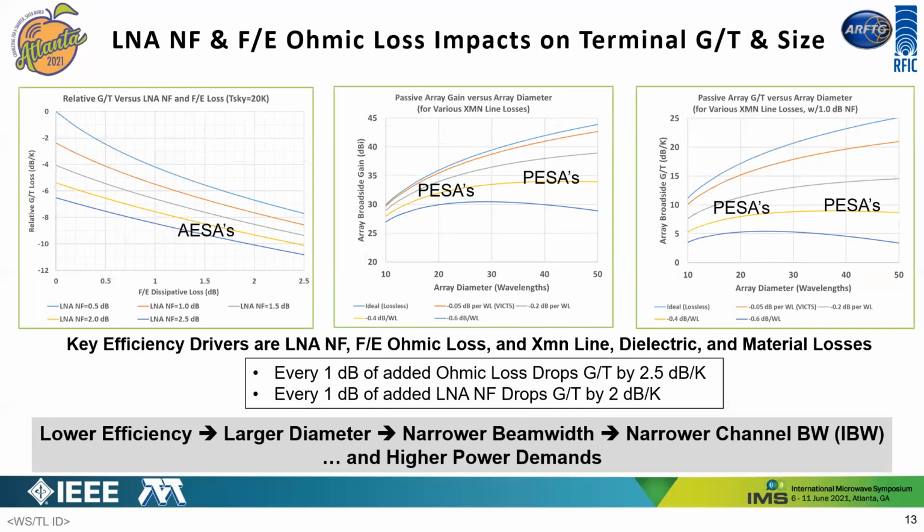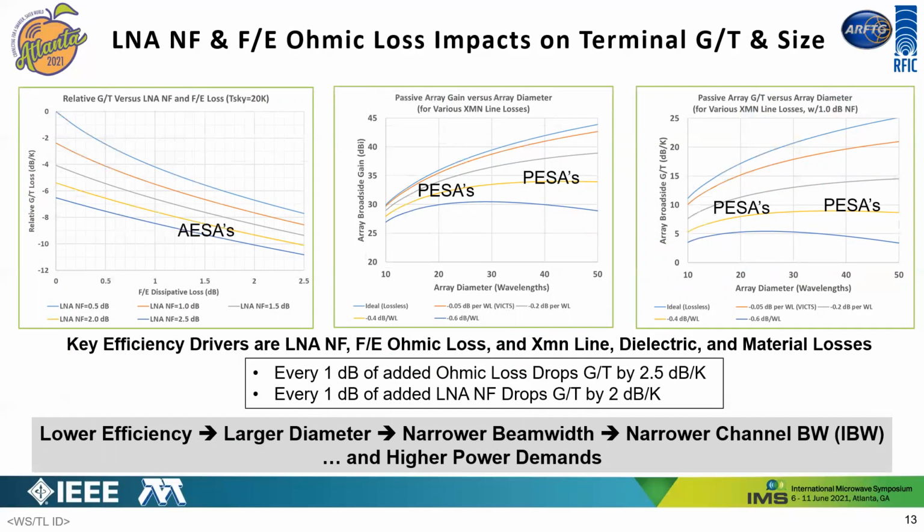Similarly, each 1 dB increase in LNA noise figure drops the resultant G/T by 2 dB per K. This means that in some cases, it may make sense to use more expensive, lower noise figure LNAs in order to realize a smaller and lower overall ESA cost on a net basis, simply because you can use far fewer components based on the greater G/T efficiency.